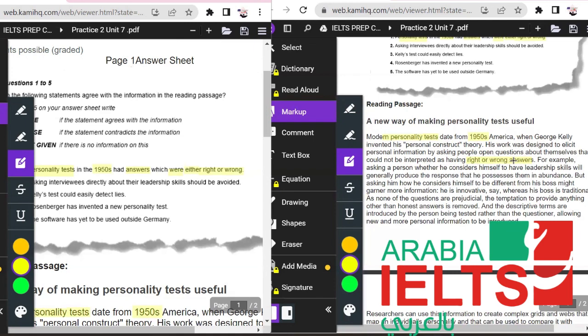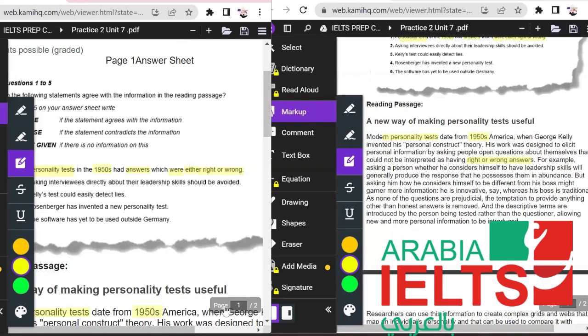It's false, I think. Don't look at the keywords only. Interpreted means that it could look like there is something, but there's something else. So it could not be interpreted as having right or wrong answers.